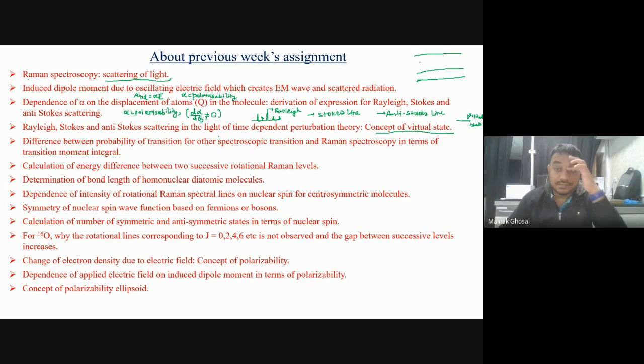The Stokes line. This is the Stokes line, right? This is the incident, right? This is the Stokes. Okay.